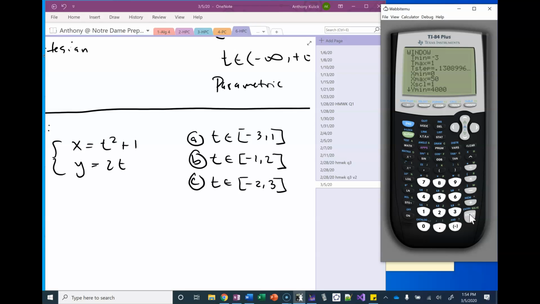And as far as the t-step goes, I'm really never going to change that as long as you have something that's reasonably small, like the one that I have here, would be perfectly fine. And notice that my x-min and x-max are all kinds of kooky because I was graphing some things in some other classes. So I'm going to change those back to just be -10 and +10 for the y-min and y-max and x-min and x-max. And then I'm going to go ahead and hit graph. So you should get something that looks like this.